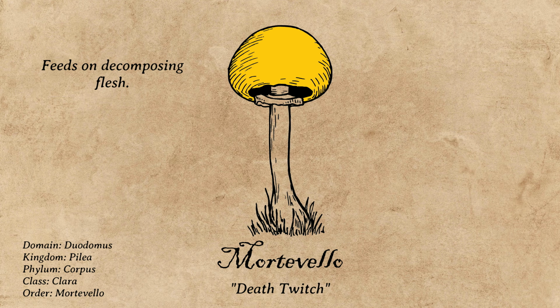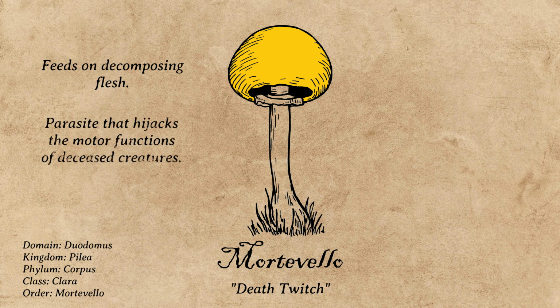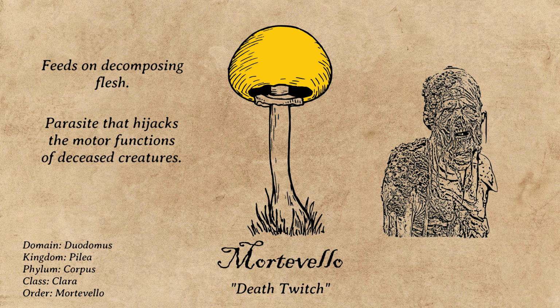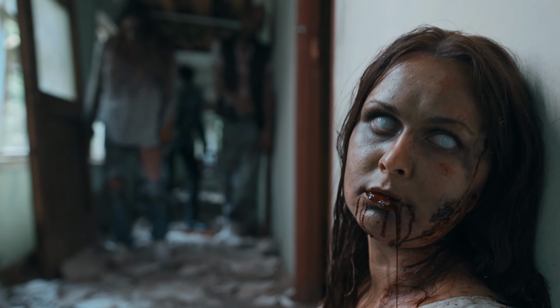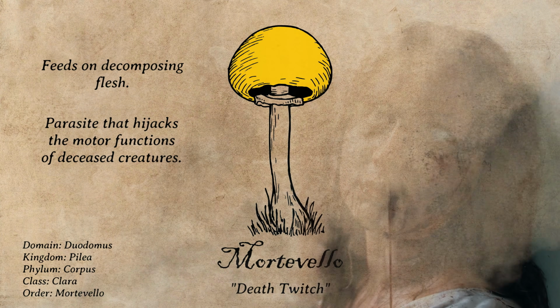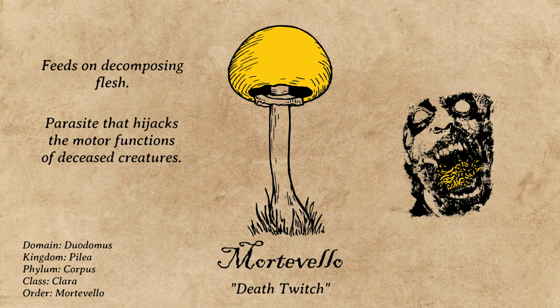Mortavello has also evolved a unique method of reproduction. It's become a parasite that hijacks the motor functions of deceased creatures, functionally reanimating them after they've died. These reanimated dead have very little semblance of their previous cognition, and infected corpses can only use basic jerky movements, becoming hyper-aggressive and having their mouths loaded with mortavello spores, spreading them to other creatures through their bites.